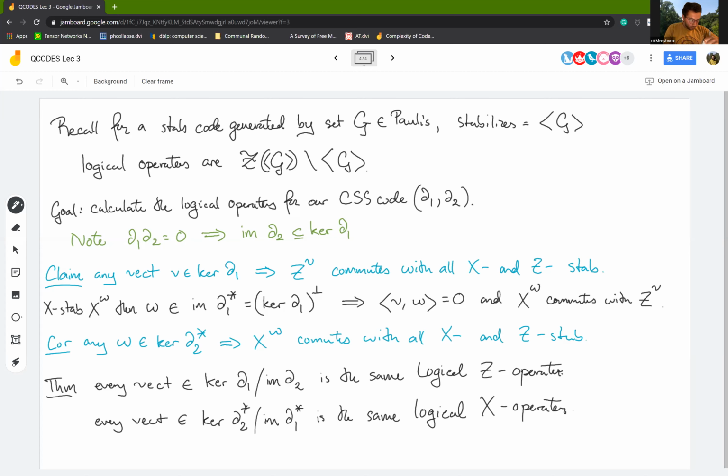And furthermore, these are a basis for all the logical operators.